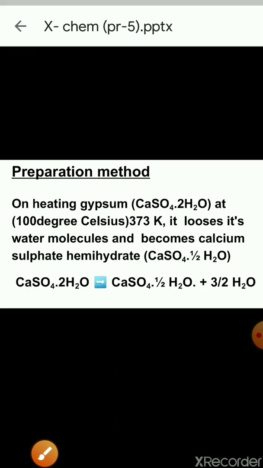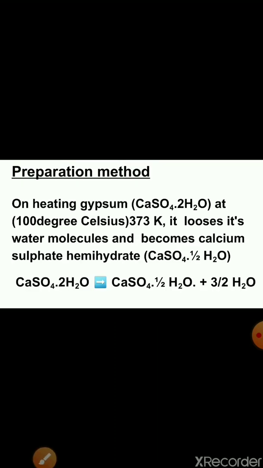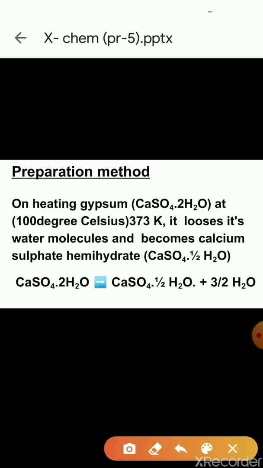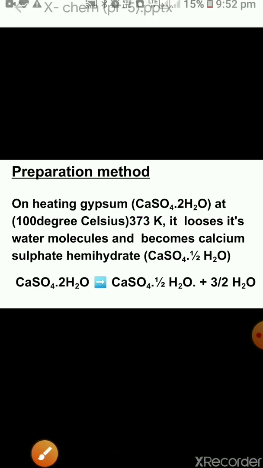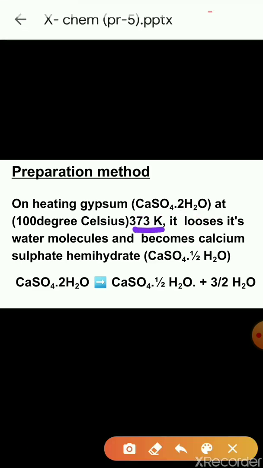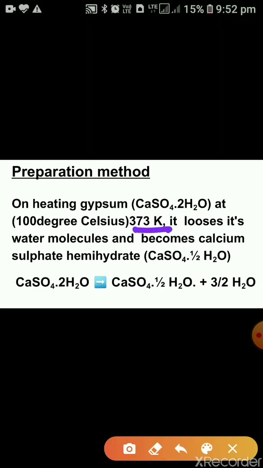Now the preparation method of POP. POP is prepared by heating gypsum. Gypsum is CaSO4 dot 2H2O, at 100 degrees Celsius, or we can say 373 Kelvin. Then it loses its water molecules and becomes calcium sulfate hemihydrate. So what happened in this case?